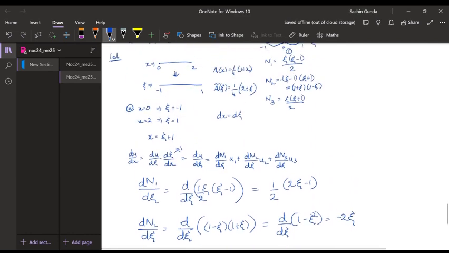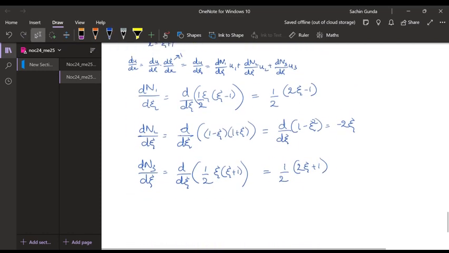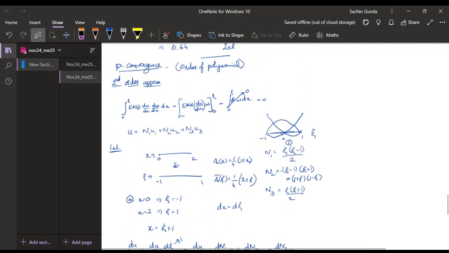These are the derivatives of the shape functions, and we need to substitute these in the weak form which we generated.